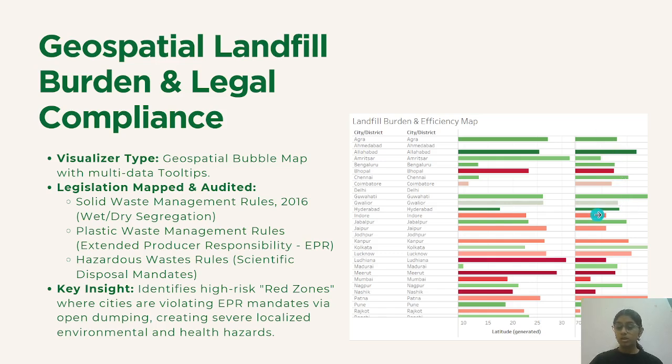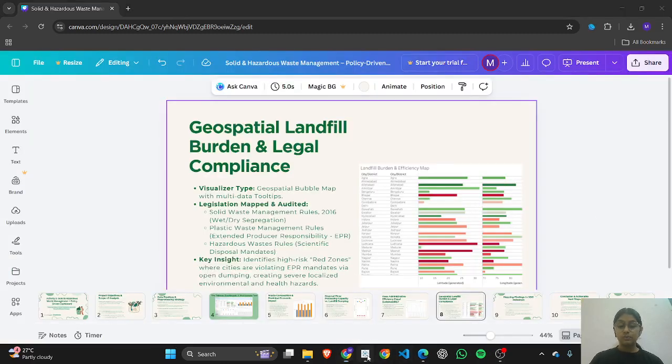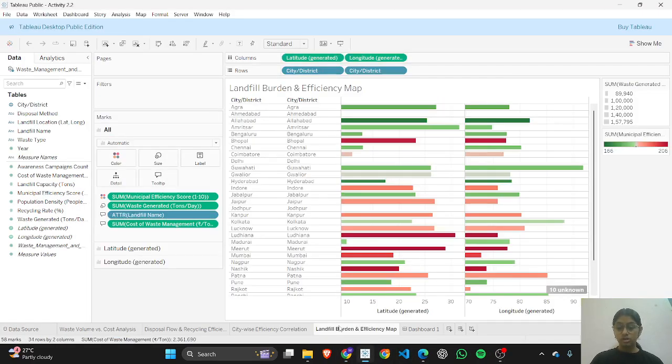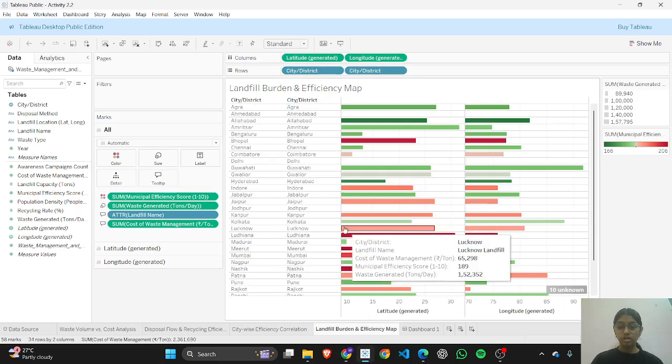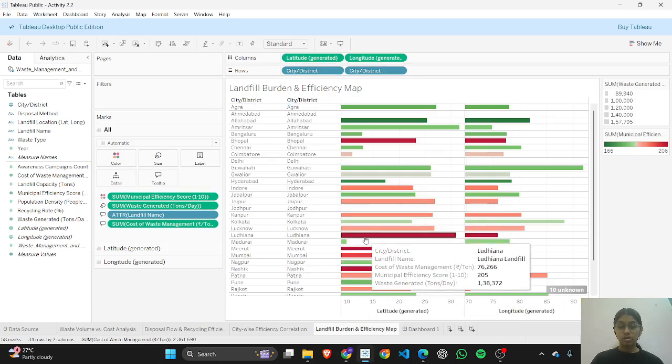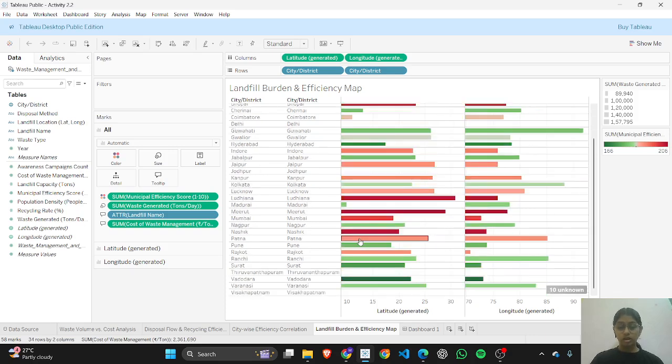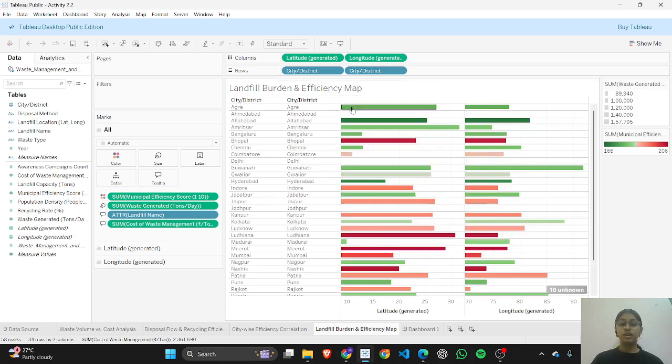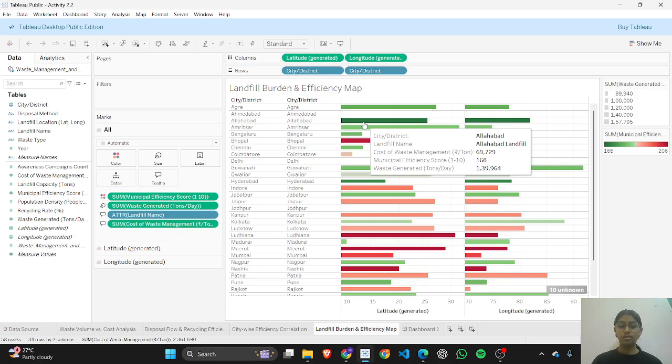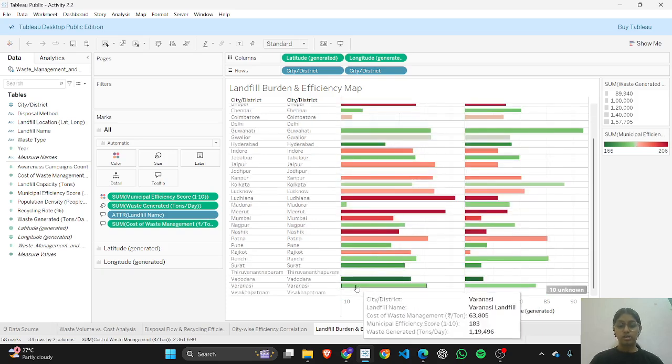For example, you can see Nashik, Lucknow, Ludhiana, Mumbai, Meerut, all these cities, whereas the dark greens represent the better side, where the landfill burden is less, for example, Allahabad, Agra, and Vadodara.